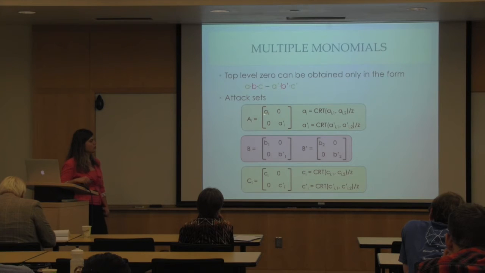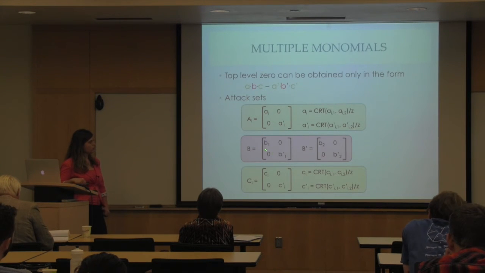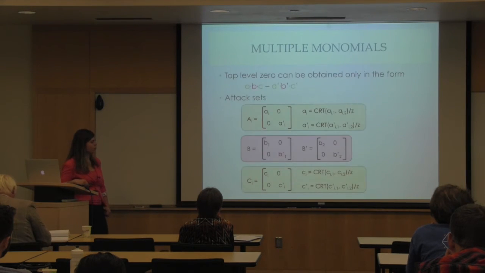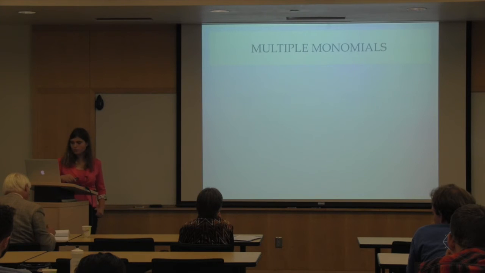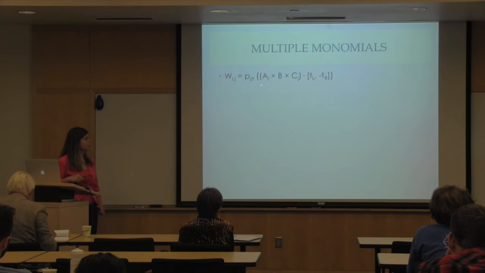We will use them to form our attack sets, our matrices, and we will again have three sets of encodings such that any product of three of them is an encoding of 0. So now we can do exactly the same as before. We will zero test each of these products.